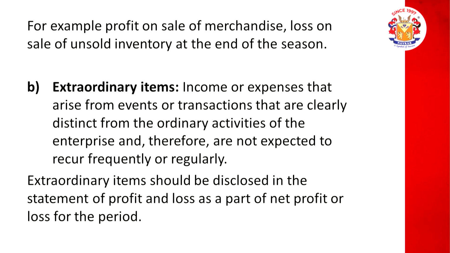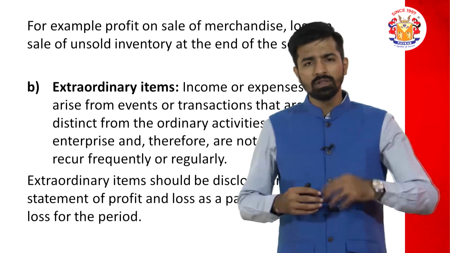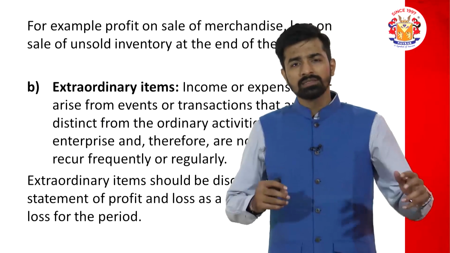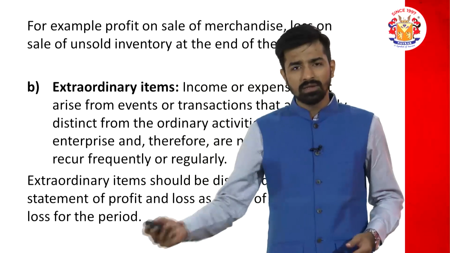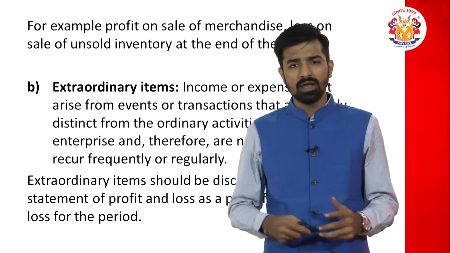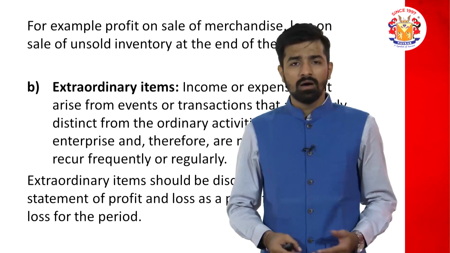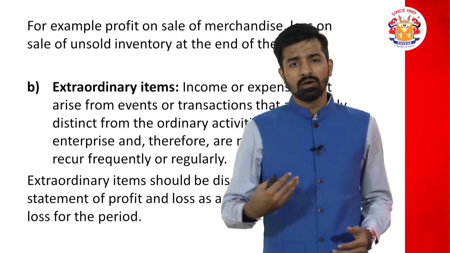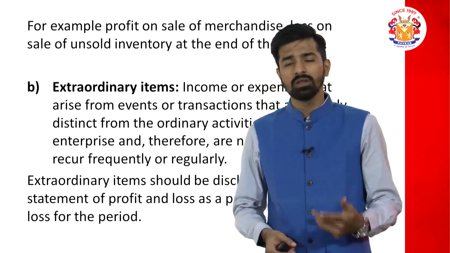For example, profit on sale of merchandise or loss on sale of unsold inventory at the end of the season. All these are ordinary activities. That is what the enterprise does day to day. It makes certain expenditures relating to its office and administration; office and administrative activities are ordinary activities. It manufactures; manufacturing is an ordinary activity.